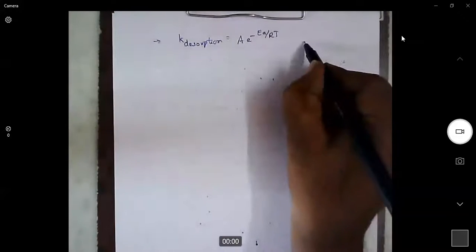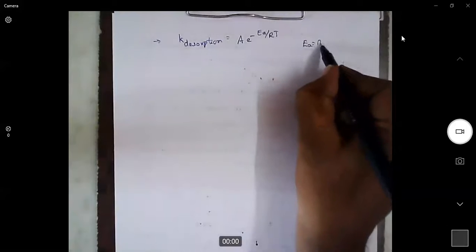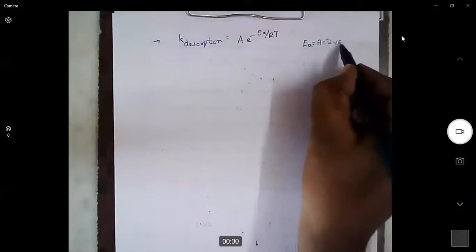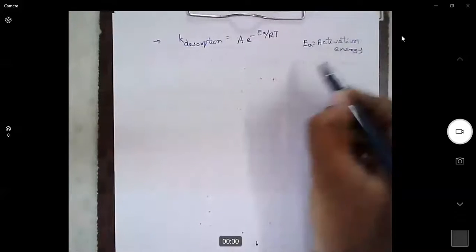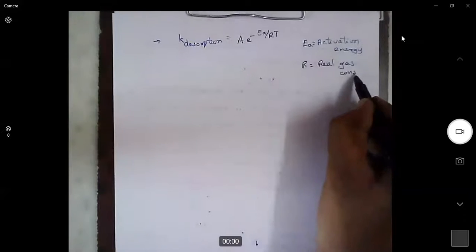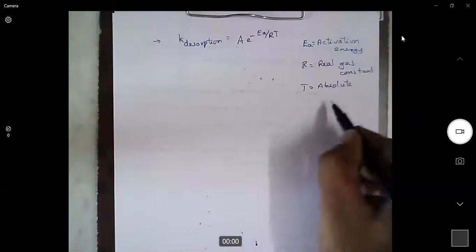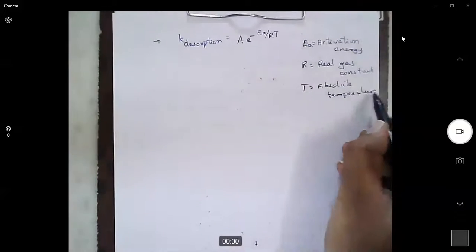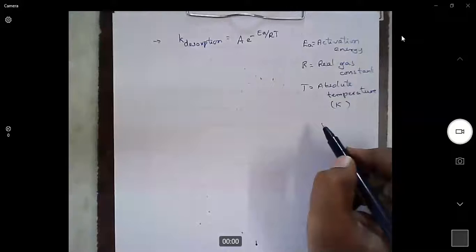Of course, we know all these terms, right? EA is activation energy, R is the real gas constant, and T is absolute temperature. Absolute means we need to represent it in Kelvin scale.